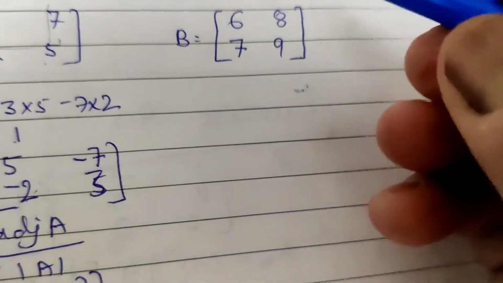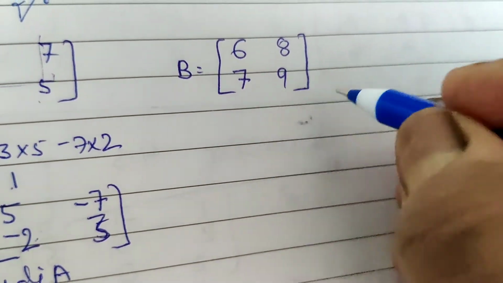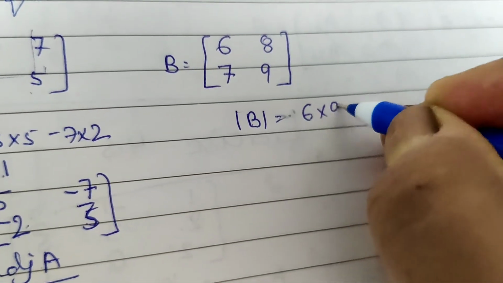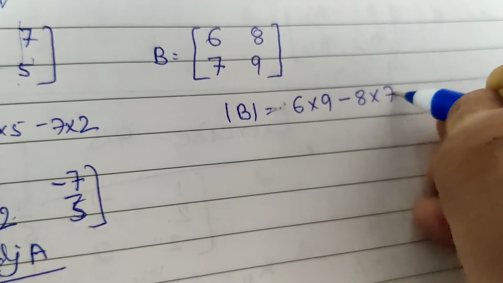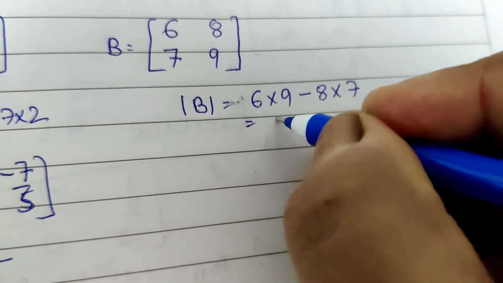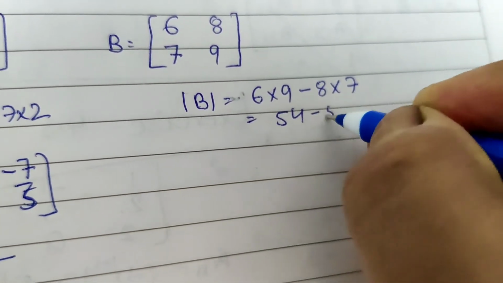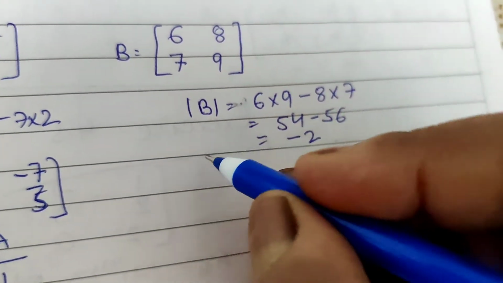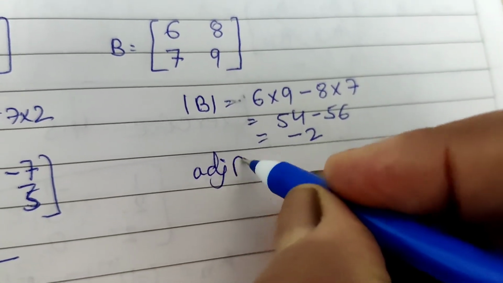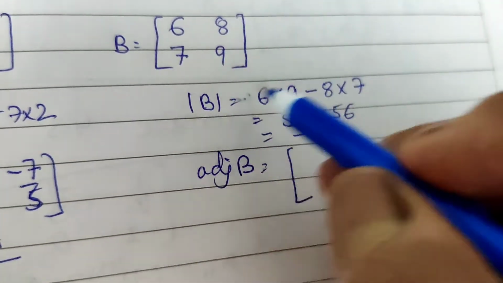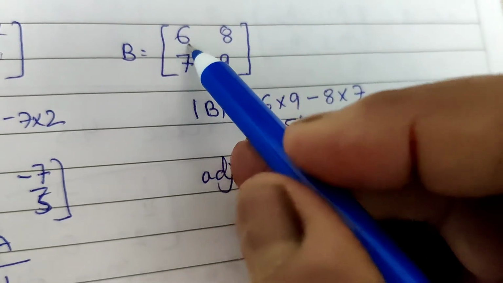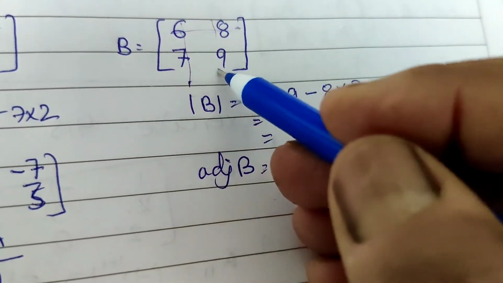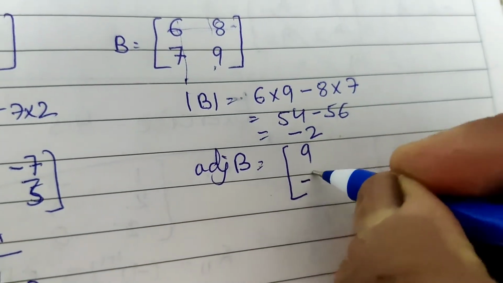And the second, this is B. We can find the determinant of B equal to 6 into 9 minus 8 into 7. 54 minus 56, it is minus 2. Now the adjoint of B. A11, first row, first column, it is 9. A12, first row, second column, it is minus 7.